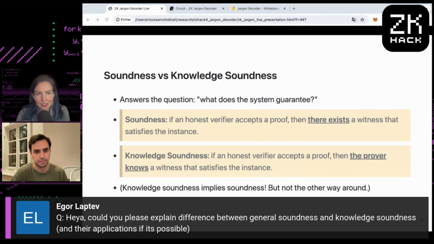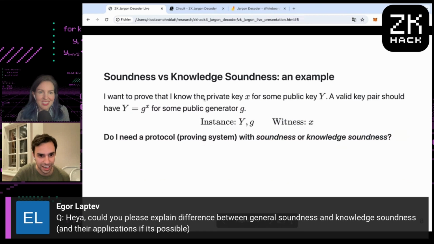In which cases do you need knowledge soundness? I actually have a little example case. This is something that came from the ZK whiteboard sessions, like there's a study club that you run in the ZK Hack Discord, and this question I came across a lot. So we came up with this example.